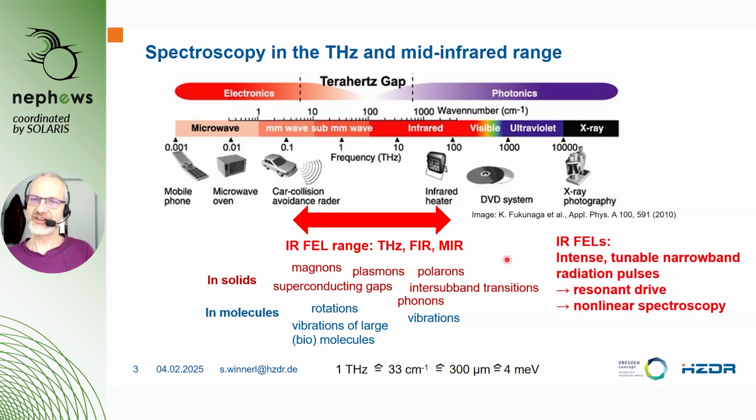An infrared free electron laser is a source that provides intense, tunable, narrowband radiation. And with this, we can resonantly drive excitations and do nonlinear spectroscopy. So we cannot just see the excitations in a static spectrum, but we can strongly excite them and basically change the properties of matter by this resonant excitation.